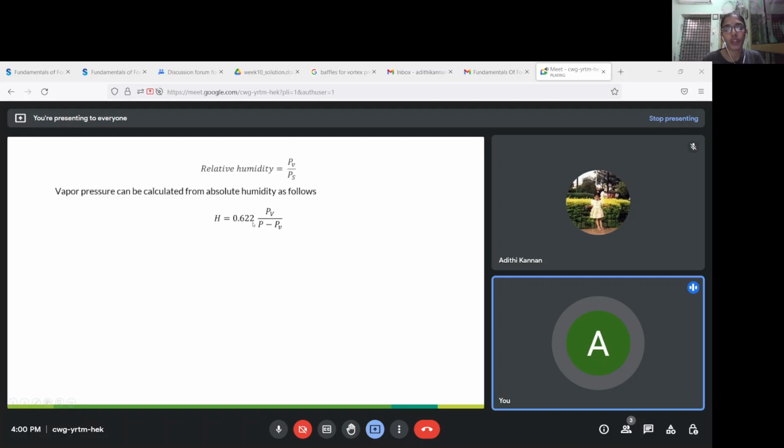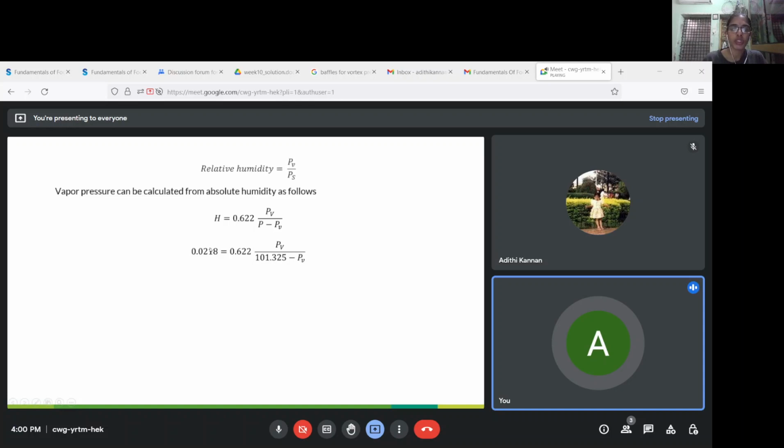H is equal to 0.622 PV divided by P minus PV, where PV is your vapor pressure, P is the total pressure of your system, and H is your absolute humidity. So you have absolute humidity and total pressure P given in the question, and you need to calculate PV and substitute it back into the relative humidity equation.